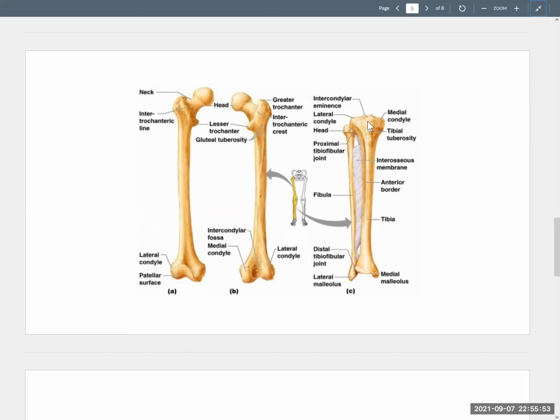At the top of the tibia are two condyles, here and here. The lateral condyle and medial condyle of the tibia, the fibula and the tibia, they match up.